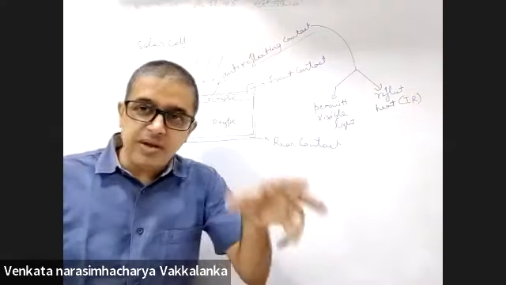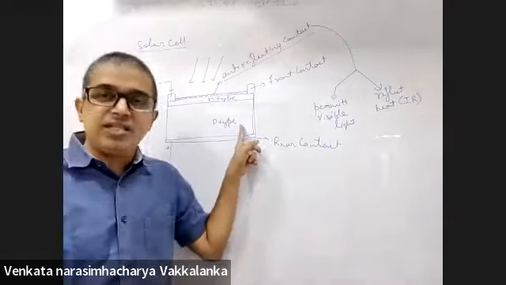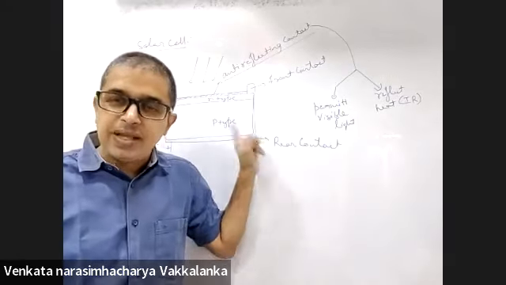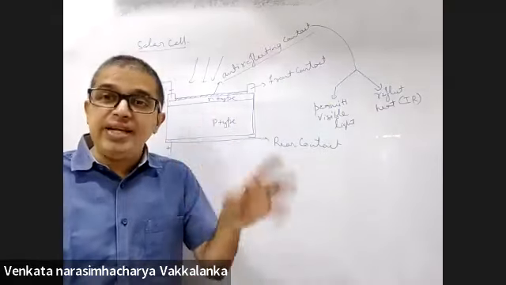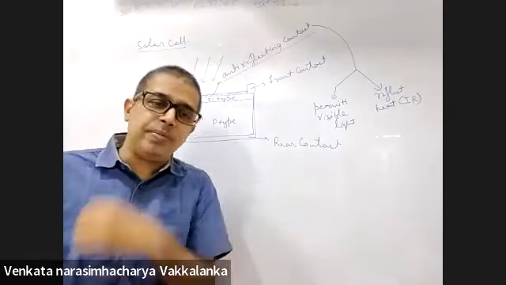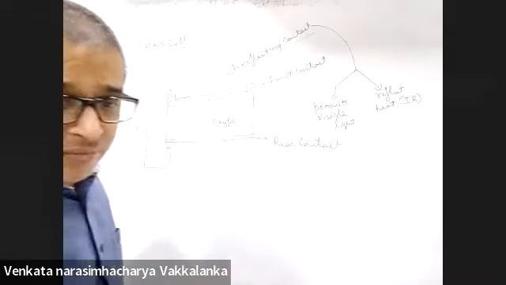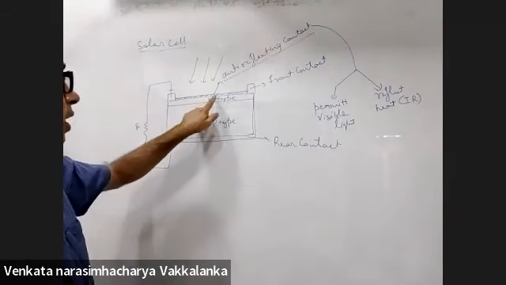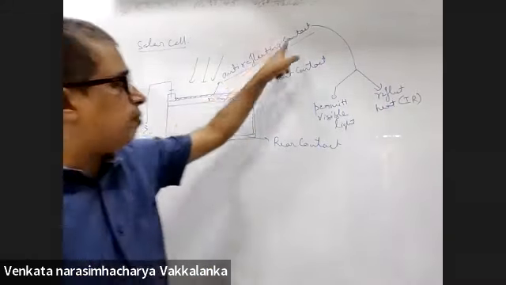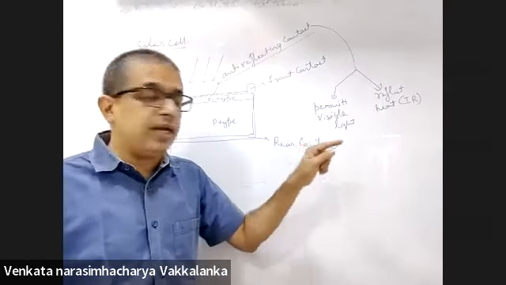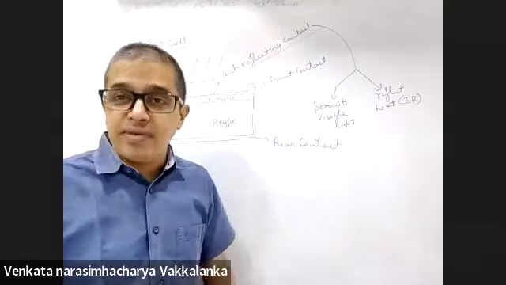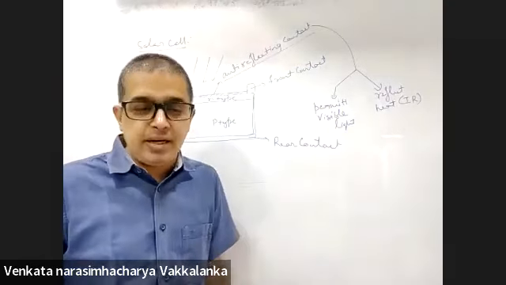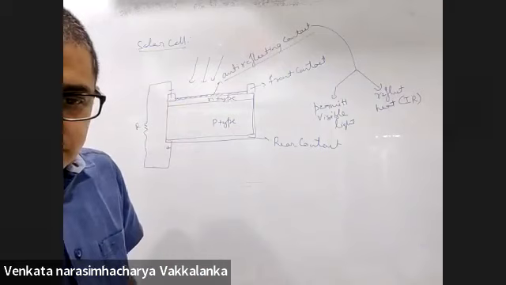Those part of the wavelengths of light which heats up the substance quickly should be reflected, and visible light which doesn't heat up the substance very quickly should be permitted. So anti-reflecting coating is a very significant part in this particular working. It should permit visible light and it should reflect infrared, which heats up the material to a very great extent.